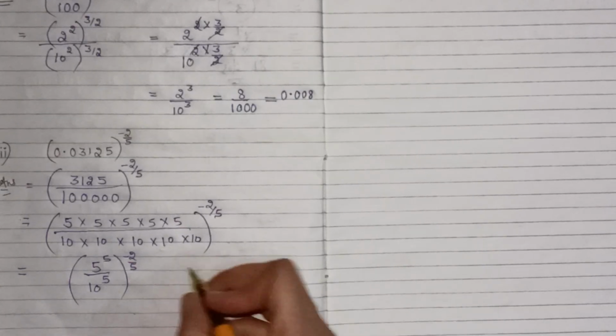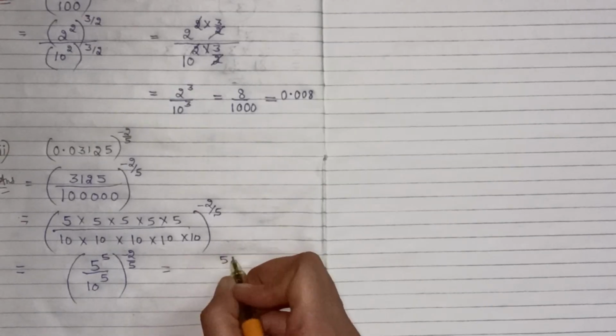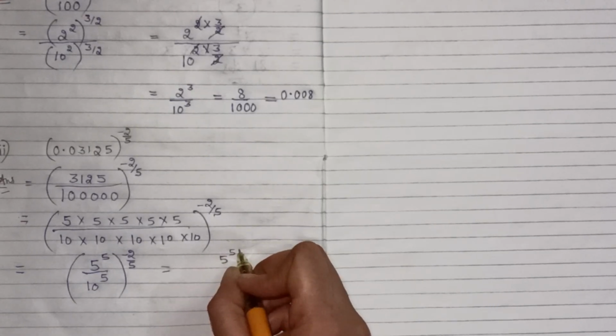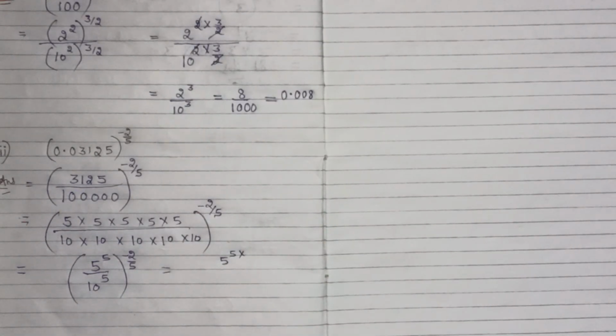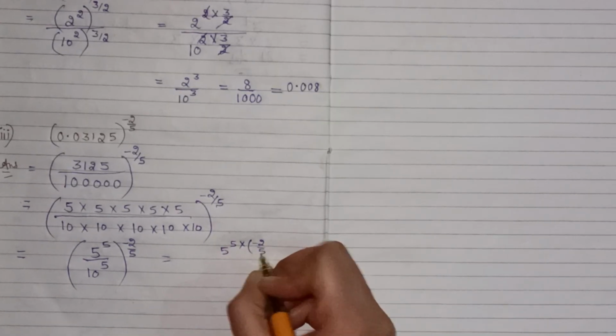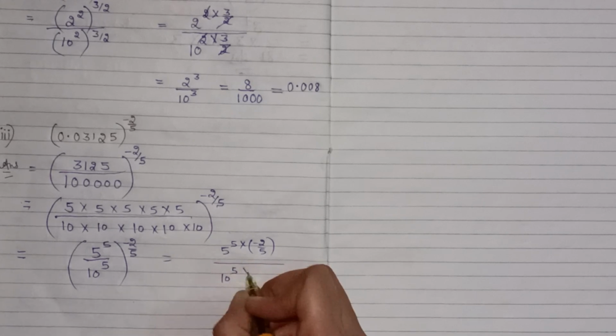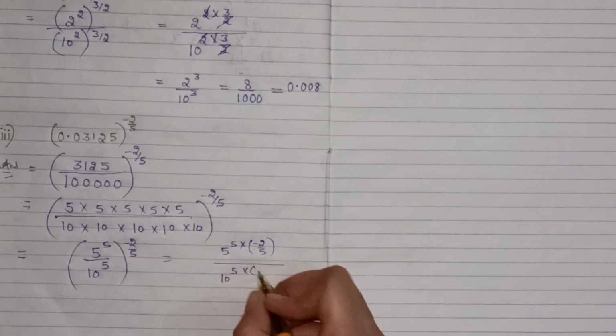So I write it as 5 raised to power 5 multiplied by -2 upon 5, and in the denominator 10 raised to power 5 multiplied by -2 upon 5.